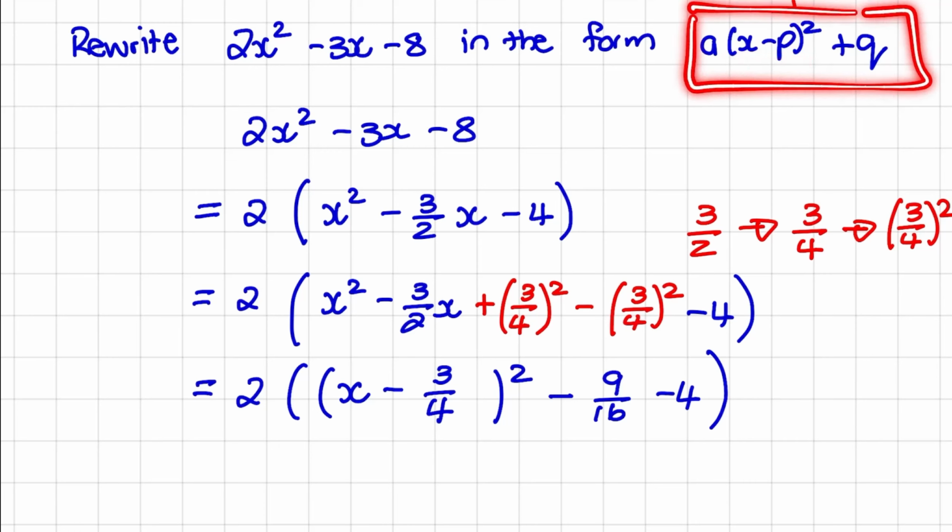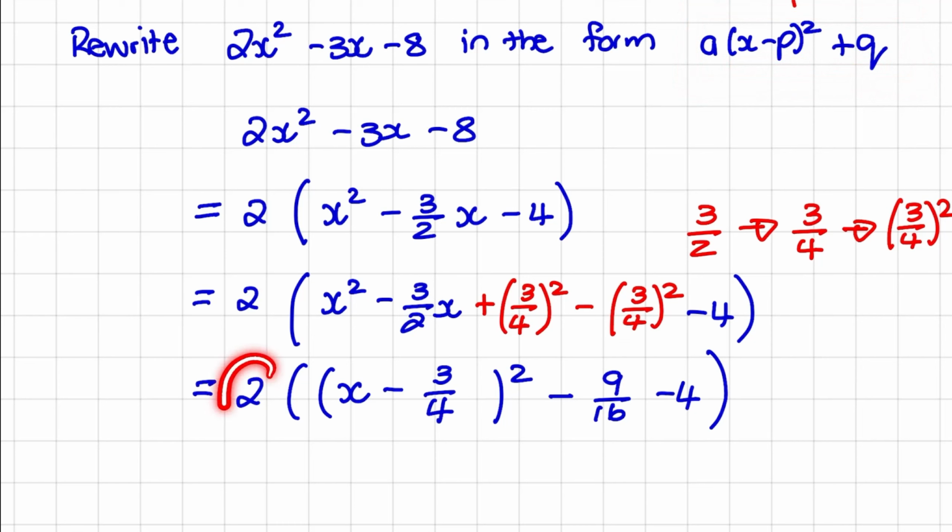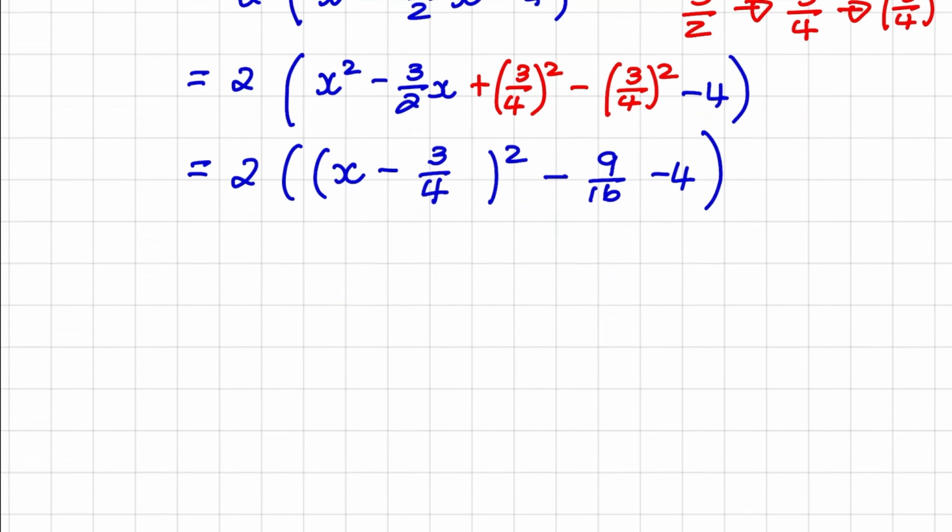And if you want to look how far we have come, we have a already outside, and we have a bracket (x minus 3 over 4) squared, which is (x minus p) squared. Now we simply need to find the q value. So in order to do that, I'll add these two terms together, and that is equal to 2 times (x minus 3 over 4) squared minus 73 over 16.